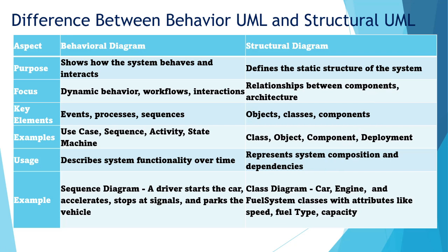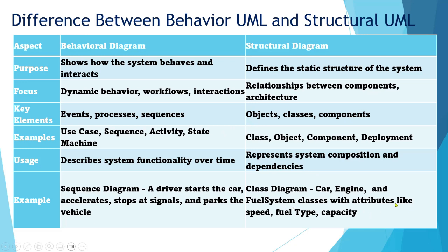For example, by using the sequence diagram, we can show the behavior. For example, our driver starts the car or accelerates, again stops at a signal and parks the vehicle. These are the examples we can show in a sequence diagram. And within a class diagram, you can show car, engine, and fuel system as the classes with attributes.